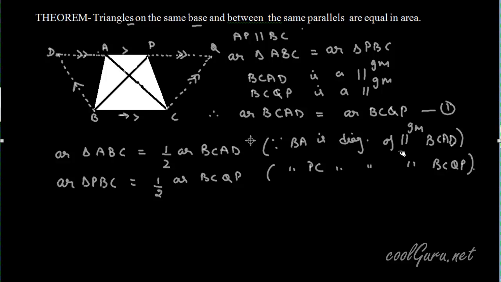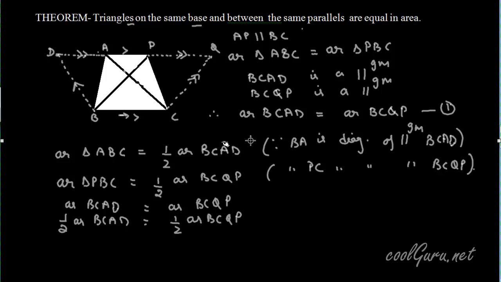Now from 1 we know that area of BCAD is equal to area of BCQP. From 1 we know this. So if BCAD is equal to BCQP, then half of this area BCAD is equal to half the area BCQP.